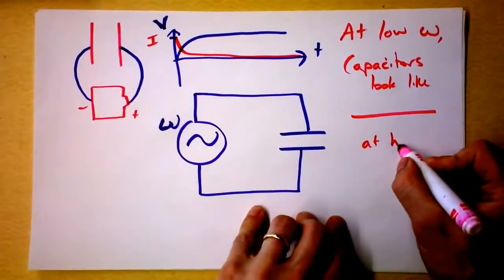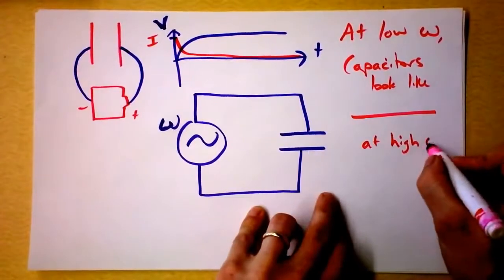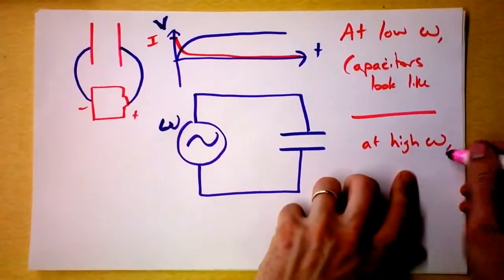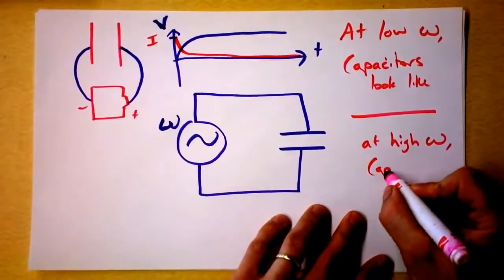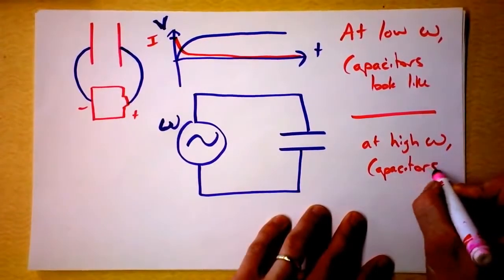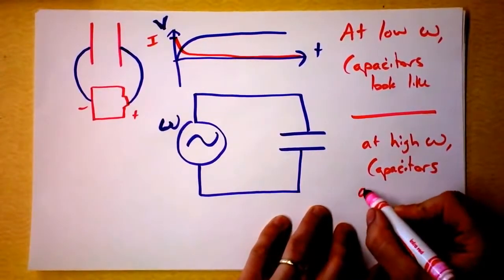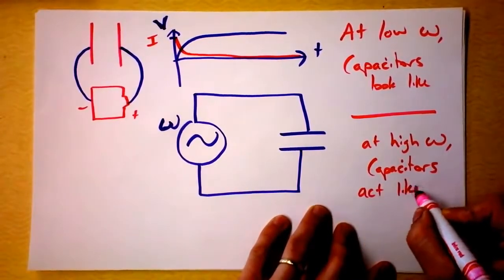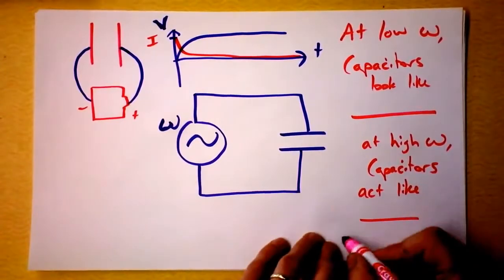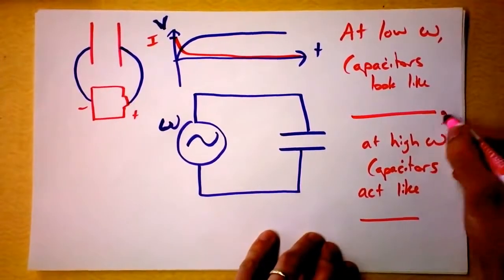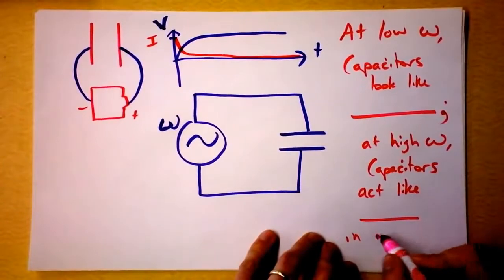And at high omega, this is very important, so I'm going to ask you to fill those in. You have to think about what it means. Capacitors, I could say they act like what? In a circuit.